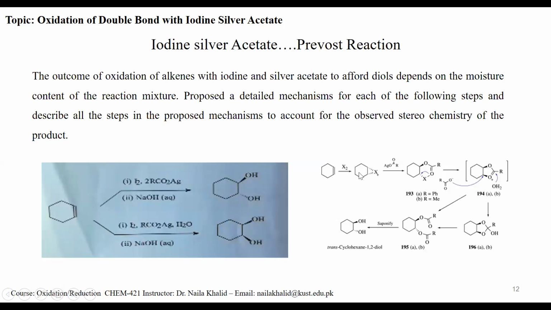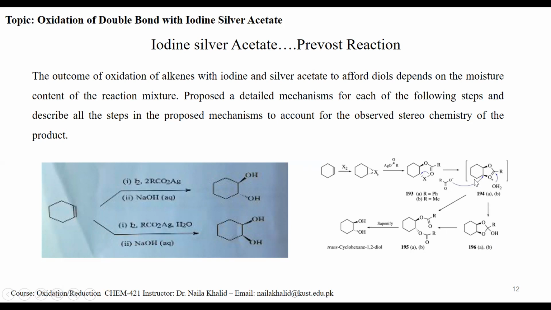When it is treated with X2, this one is formed. So neighboring group participation takes place. If water is there, it will attack on this carbon and you get the cis hydroxylated product.